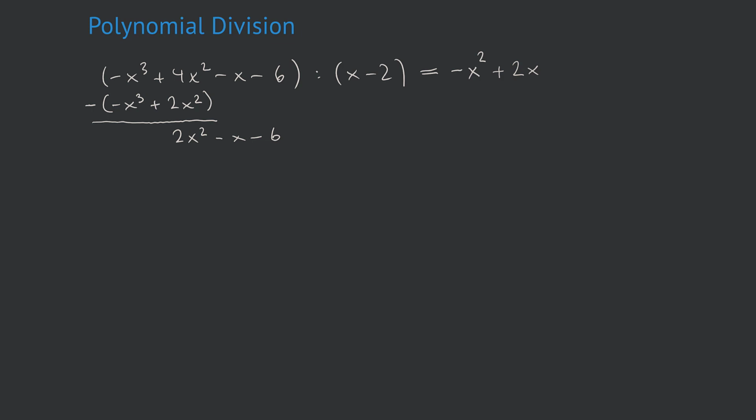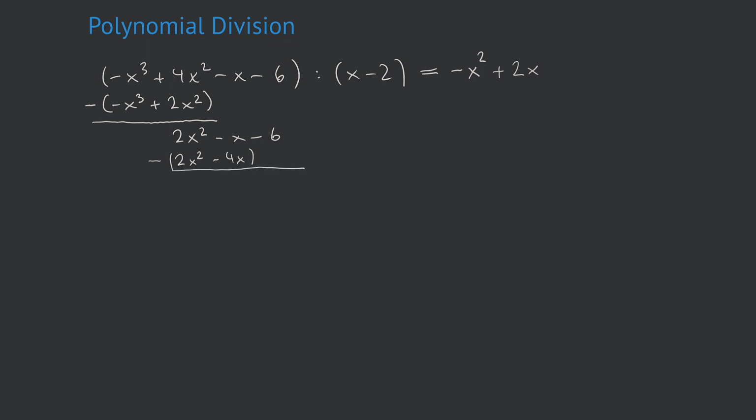So that is 2x squared minus 4x. We put this expression into brackets and subtract it from the term above.